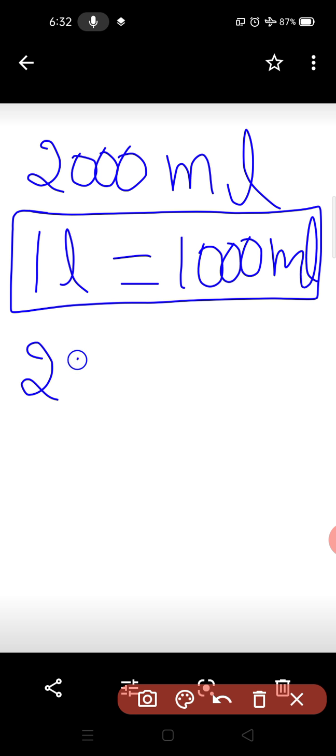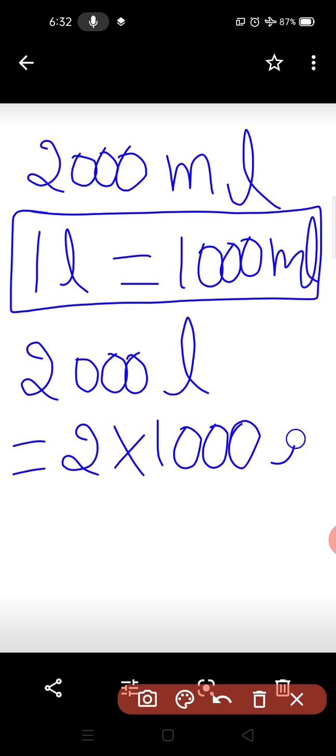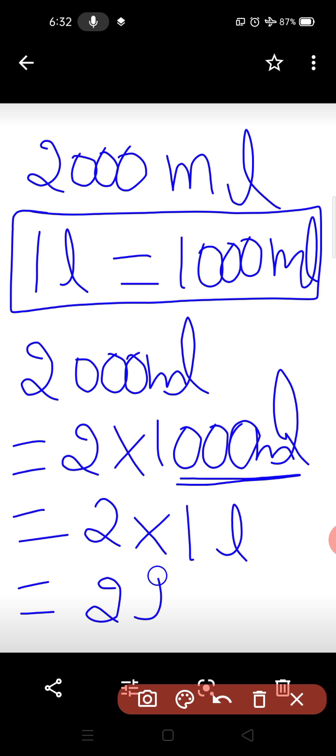So 2000 milliliters we are writing as 2 into 1000 milliliters. Now 1000 milliliters means we can replace it by 1 liter. So 2 into 1 liter, 2 ones are 2 liters. So 2000 milliliters is equals to 2 liter.